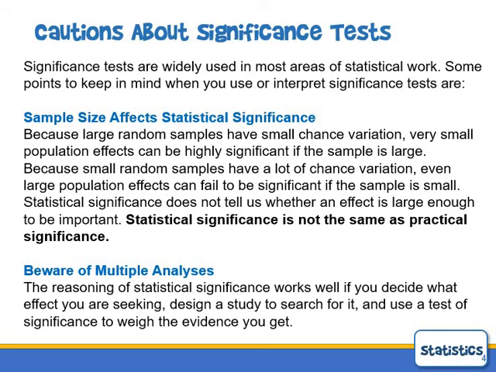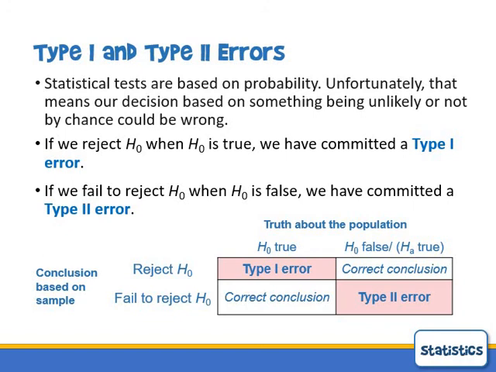Well, if you do it 100 times, then you expect it to occur 5 times. So the more often you do something, the more likely it is that by random chance you'll get a result in a certain way. So doing a test over and over deflates your significance test. So beware of multiple analysis. There's procedures that have been developed to take care of those things. And then the next thing we're going to talk about are the possible errors that you could make.